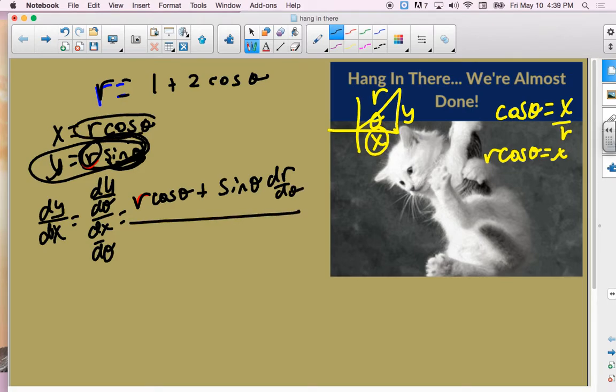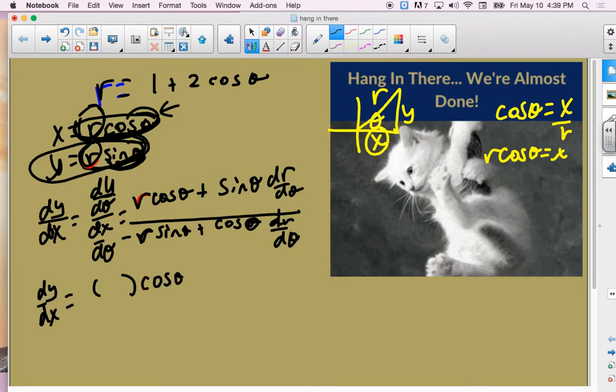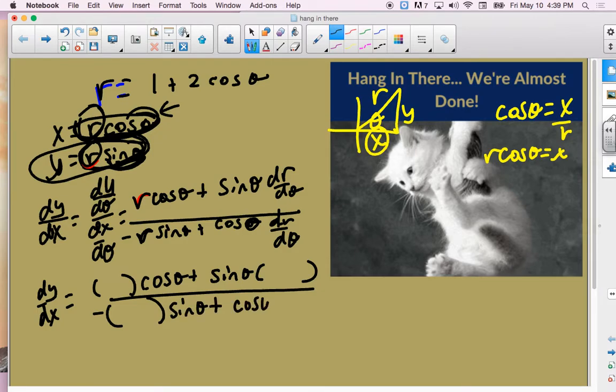And then I'm going to do this one. First times derivative of cosine, which is negative sine theta, plus second times derivative of the first, which is dr d theta. Then you just sub in a bunch of stuff. So dy dx is equal to r cosine theta plus sine theta dr d theta over negative r sine theta plus cosine theta dr d theta.